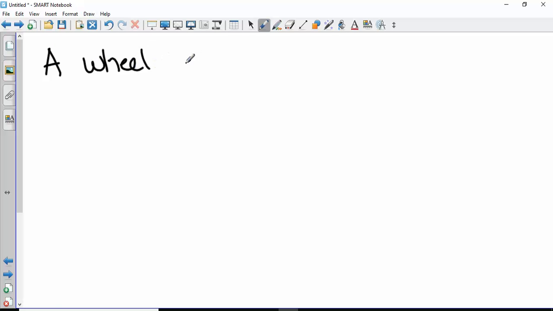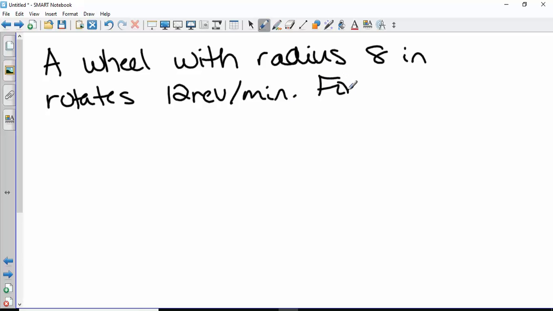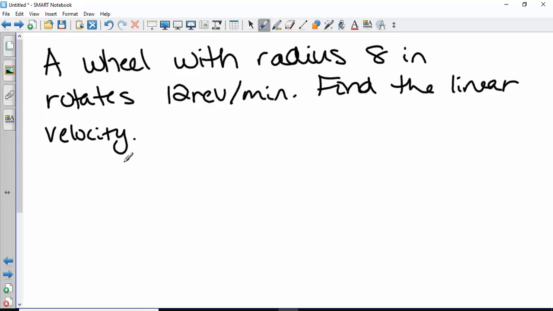So the radius is r, so the r is 8. 12 revolutions per minute, what is that?